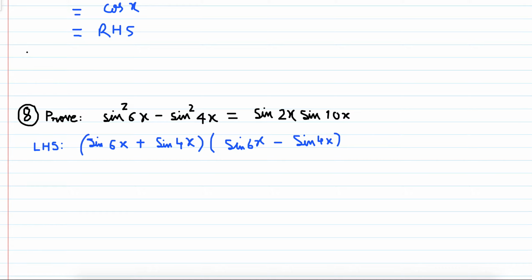And we had studied this formula, what is the value of sine x plus sine y. Sin x plus sin y is 2 times sin x plus y by 2 multiplied by cos x minus y by 2.